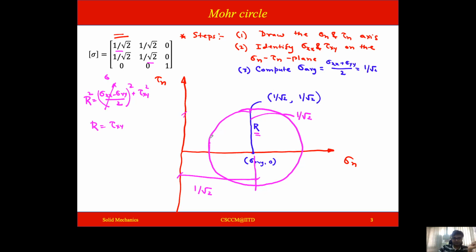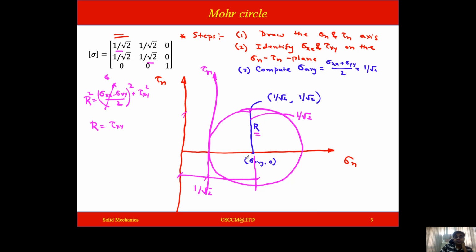This should have been my tau axis. I did not know the result beforehand, and this circle is not scaled, but in this case, it passes through the axis actually. So this is actually your tau n axis. So this circle will cut the tau axis at 0.